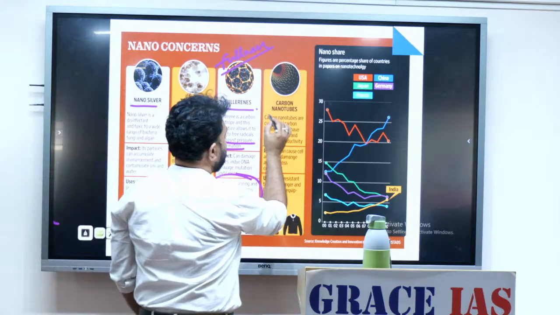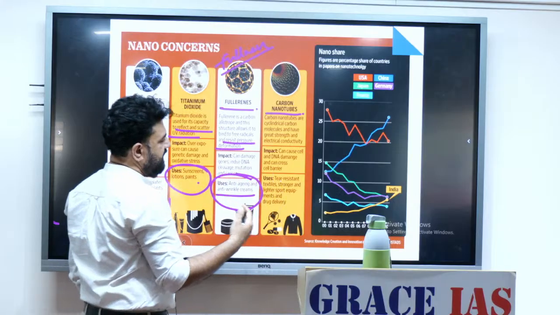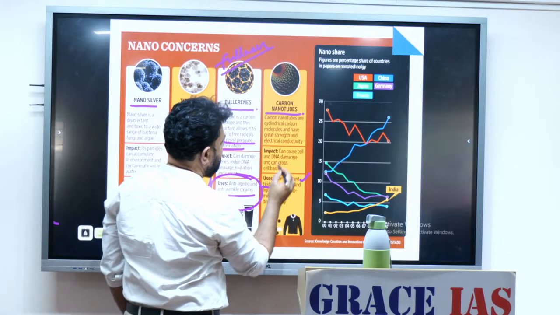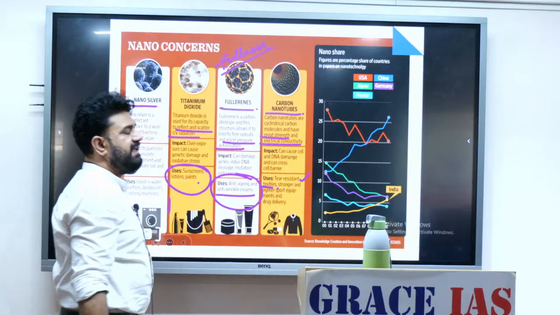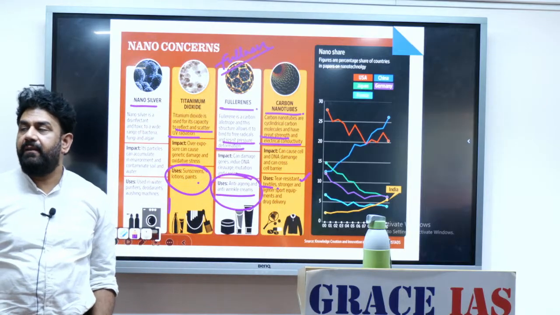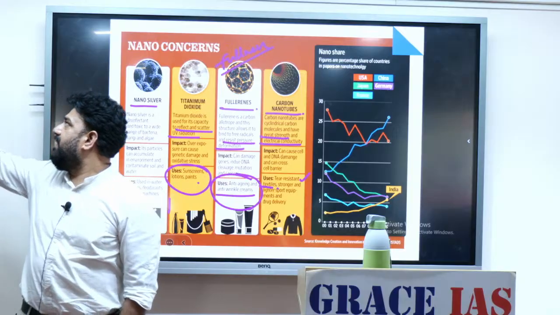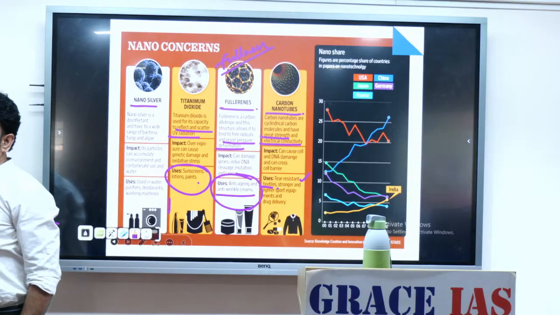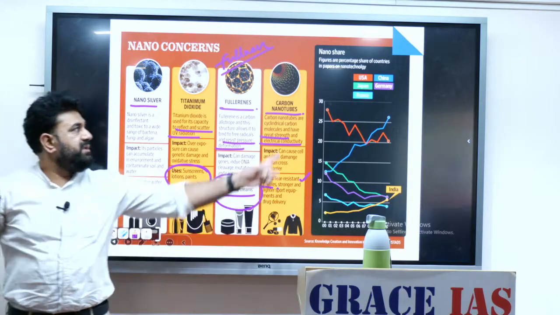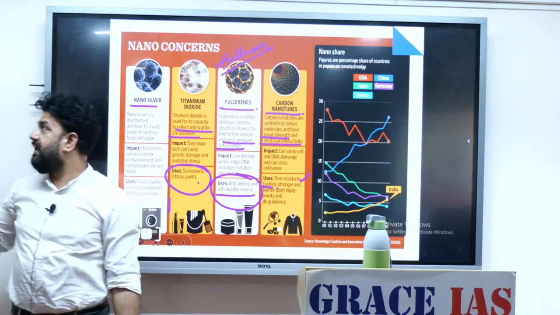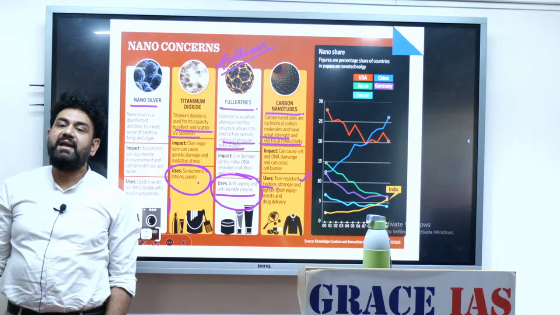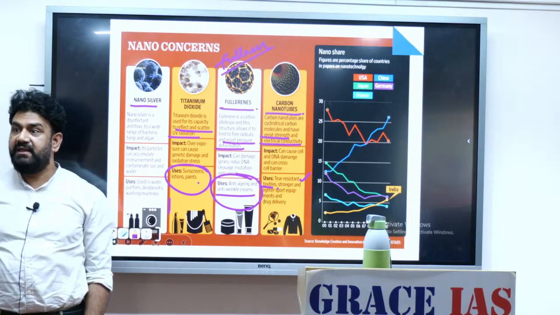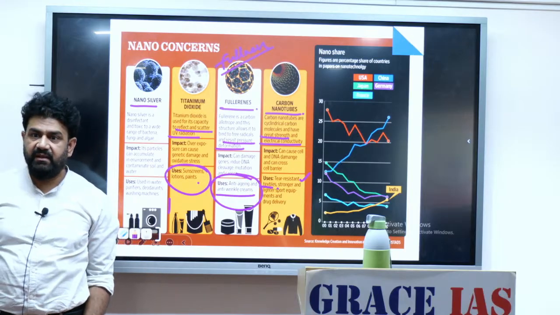Next, carbon nanotubes, previous question here. What is that here? Tear resistant textiles, nano to have great strength and electrical conductivity. In the future, the wires, you can see these electrical wires now. If you use carbon nanotubes in the future, you can have invisible wiring, because nano you cannot see it, but it can conduct electricity better than copper.